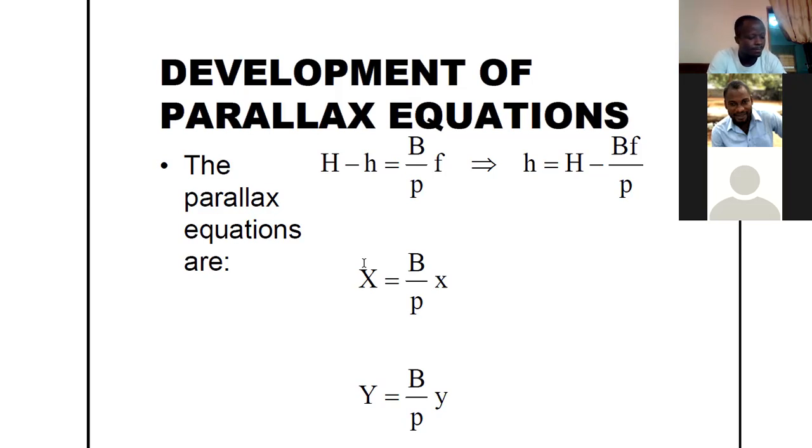So we have that equation on top. It's as simple as that. There's nothing more we are going to do than just understand the equation and the parts of the equation.